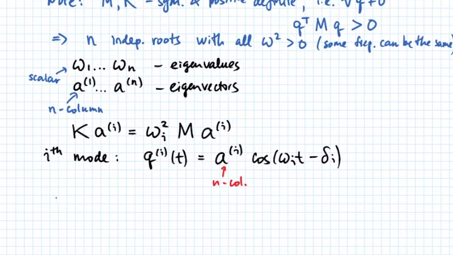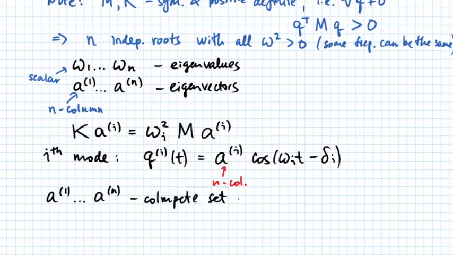Another fact of linear algebra is that columns A1, A2 all the way to An form complete set. In other words, we can decompose any solution of motion Q of t into the bases formed by these columns.